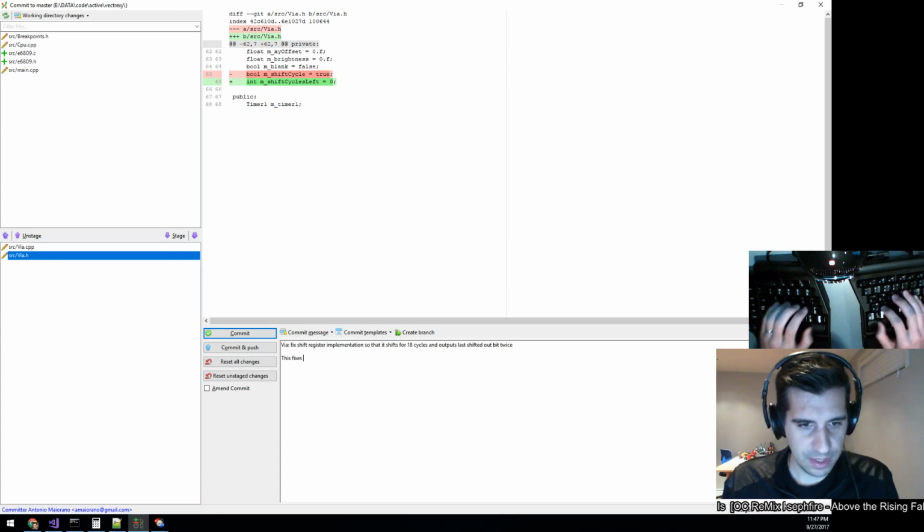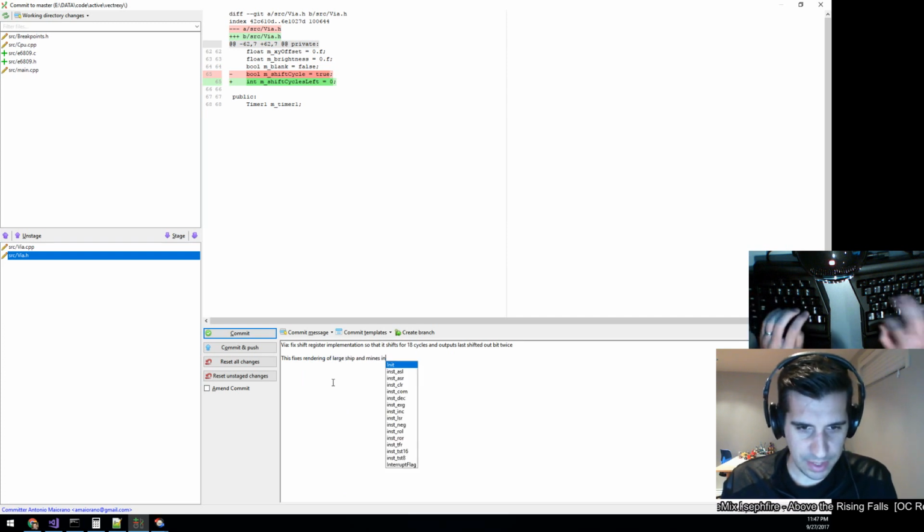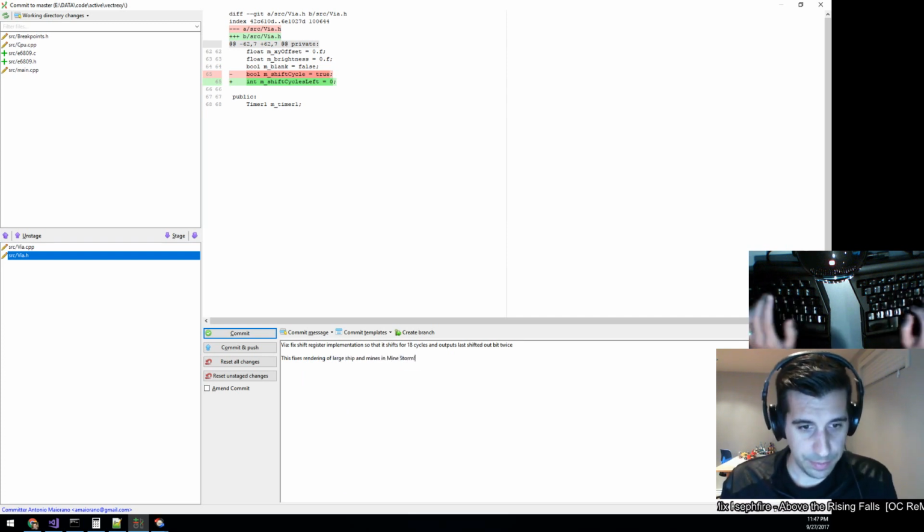This fixes ship and asteroid. I think they're actually mines. This fixes rendering of large ship and mines in Mindstorm.